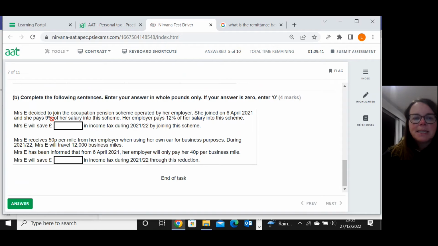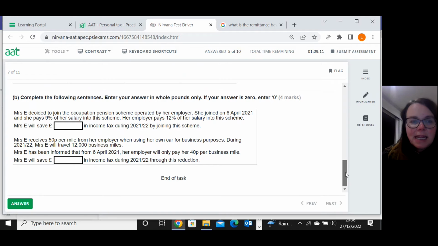Right, so when someone pays salary in, that reduces their employment income, and then you're obviously taxed on that lower amount. Her employer pays 12% of her salary into this scheme. That's an exempt benefit. Mrs. E will save how much in income tax if she joins this scheme?